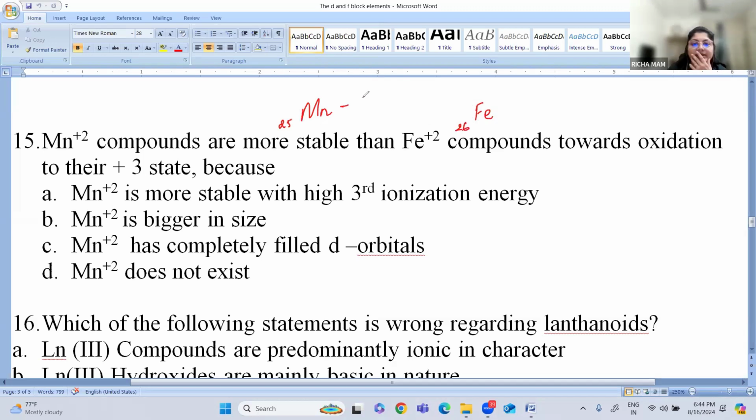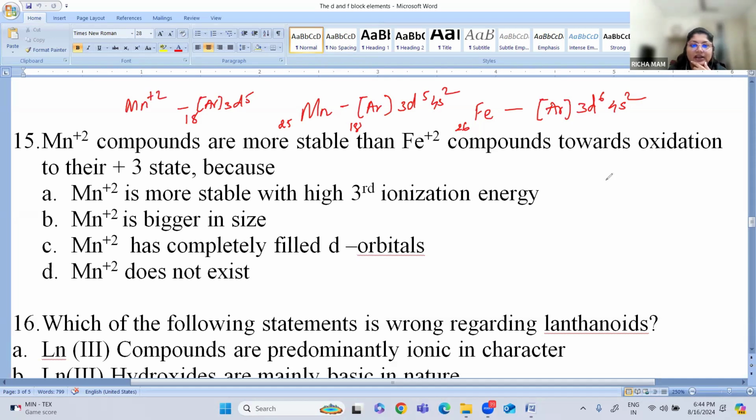If I write the electronic configuration of manganese, it is argon 18, then 3d5 and 4s2. For Fe, it is argon 3d6 and 4s2. Now, Mn plus 2 will be argon 18 and 3d5, and Fe plus 2 will be what?